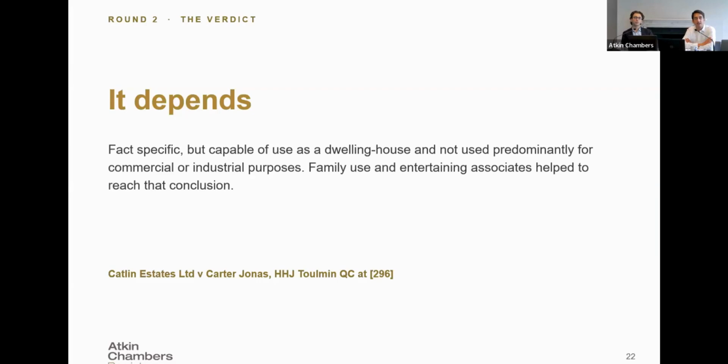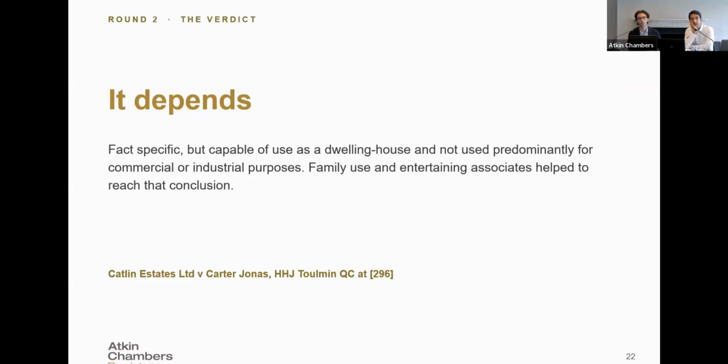The Catlin Estates case says yes, but it was influenced by the facts, which were, I think, from Nick's diligent research before this talk, there were indications earlier in the judgment that it was a very big shooting lodge with rooms and en suites, and so you can potentially use it as a home. You occupy or reside there with your family, or dwell there, and entertain associates.